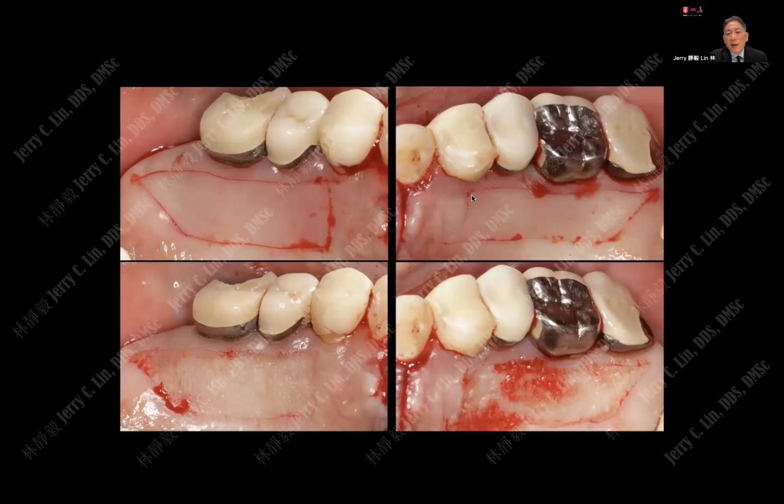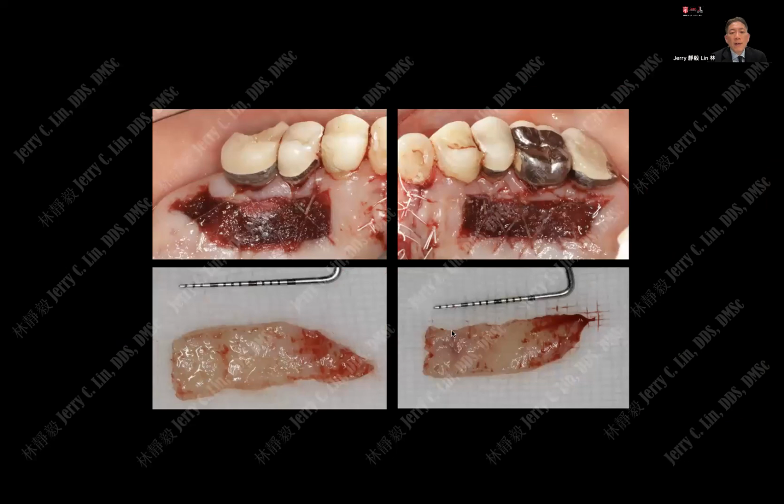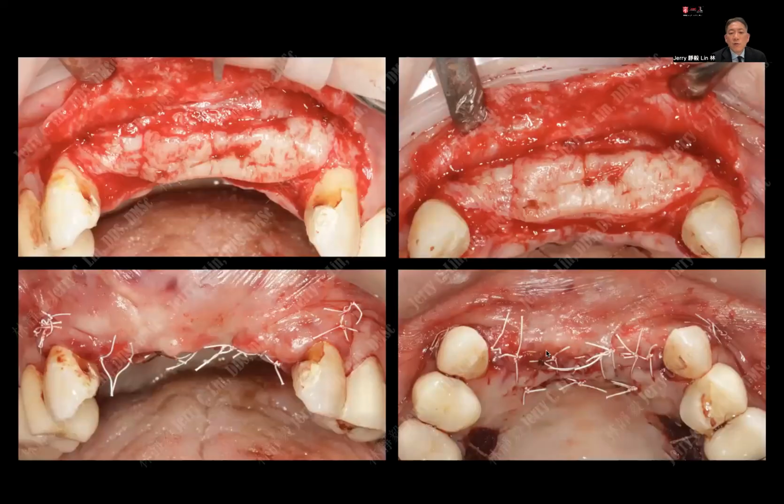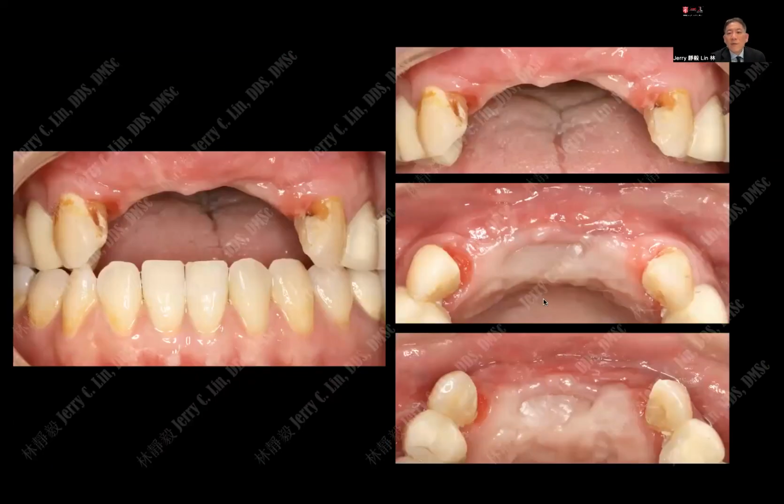In this case, I harvested connective tissue from the palate, deepithelialized it as a connective tissue graft, and grafted it to the recipient site, on the crest and the buccal. So we have enough volume of soft tissue in the aesthetic zone.